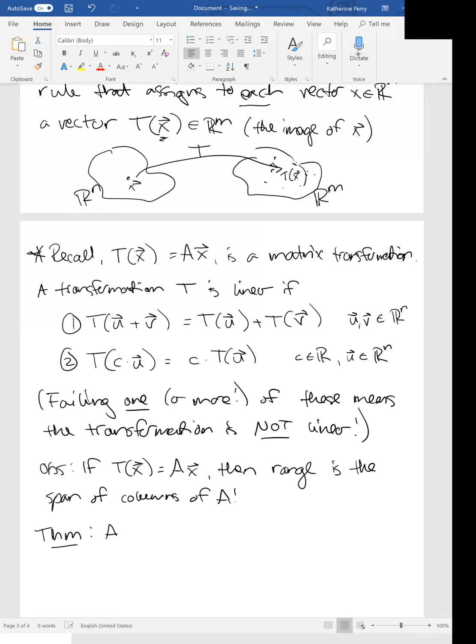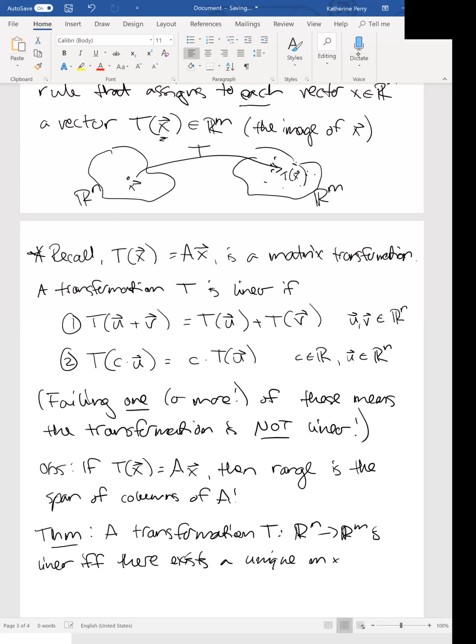A transformation T from Rn to Rm is linear if and only if there exists a unique m by n matrix A such that T of x is equal to A times x.